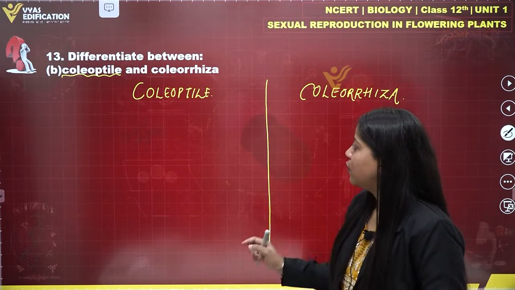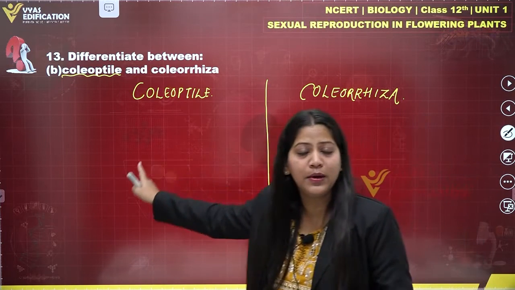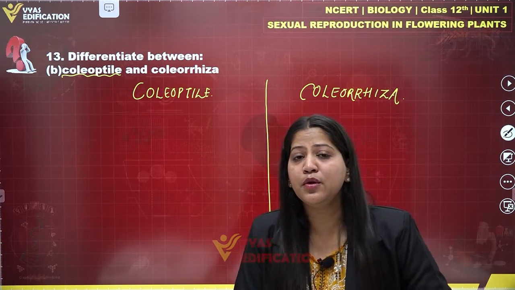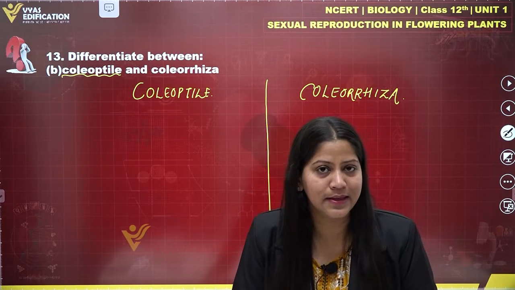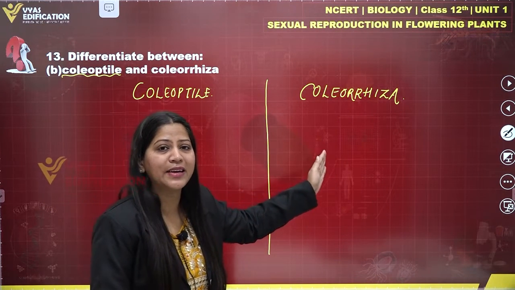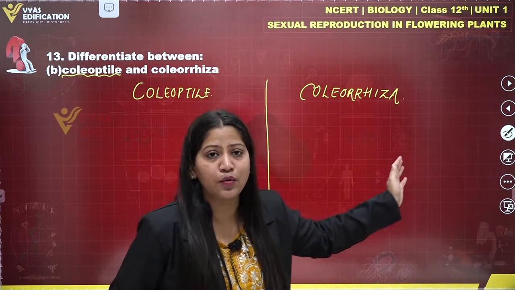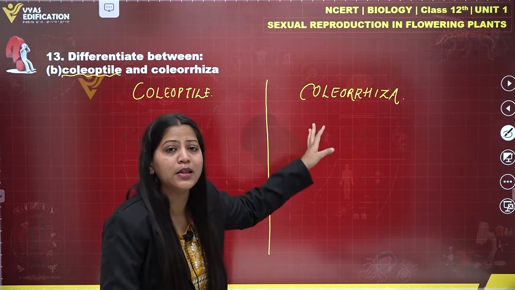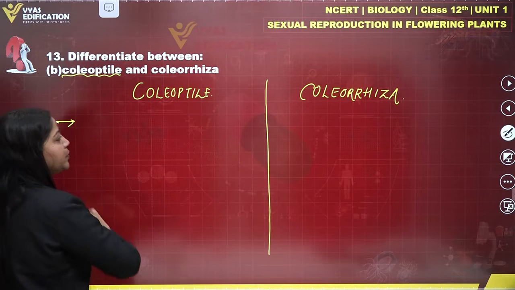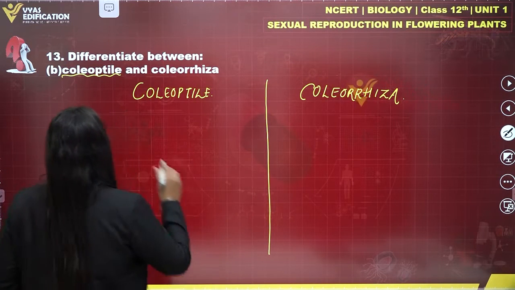Alright, so what is the difference between coleoptile and coleorhiza? Coleoptile is a conical protective sheath enclosing the plumule part of a monocot seed. Alright, and if we talk about the coleorhiza, it is also a protective layer enclosing the root cap and radicle in the monocotyledon seed. So this is the basic difference between coleoptile and coleorhiza, and these are the parts of monocot seeds only.